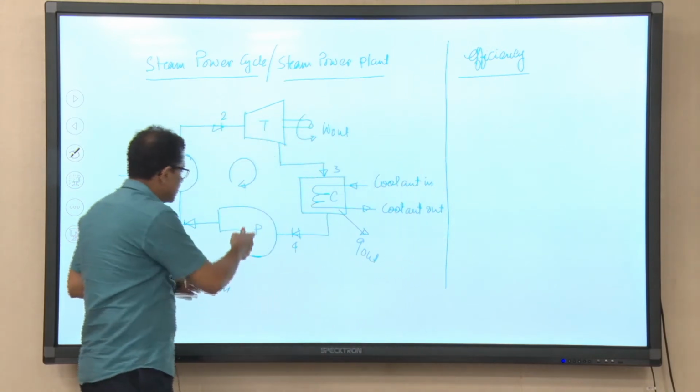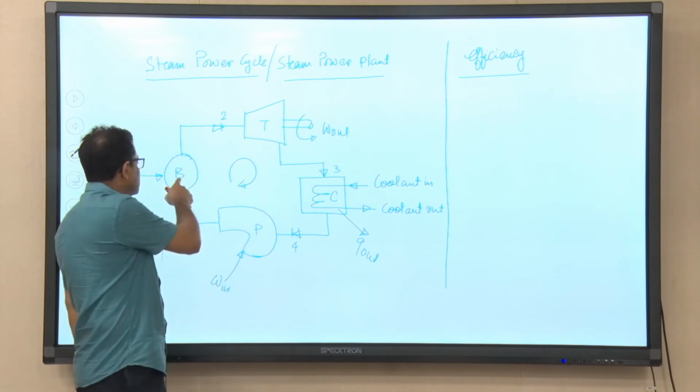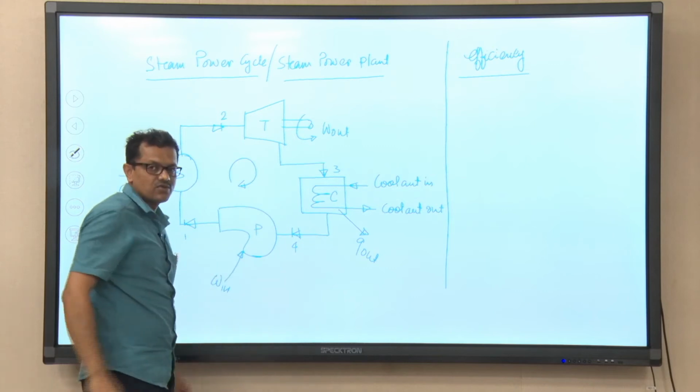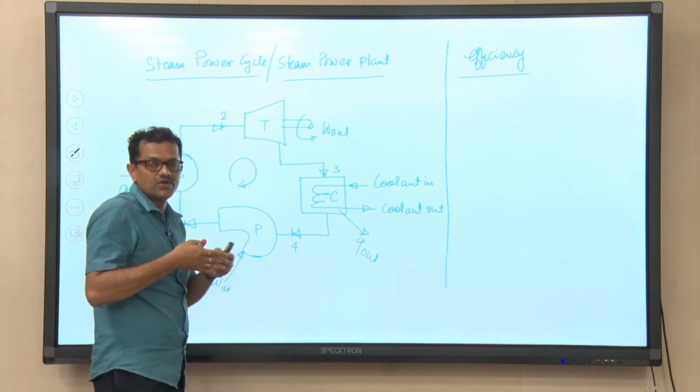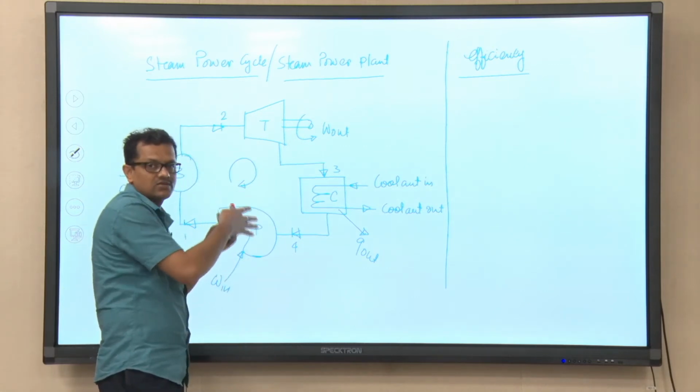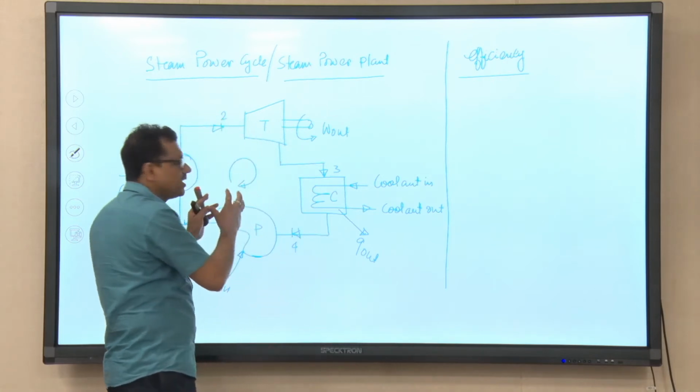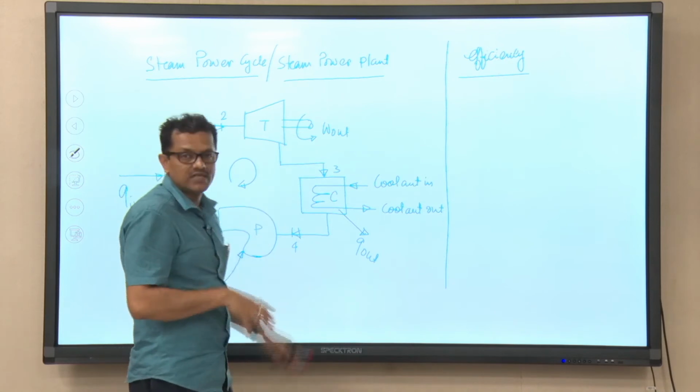What I said is that there is a pumping process, a boiling process inside the boiler, also a process inside the turbine, and finally in the condenser. So, all these processes together form the cycle, and they will be required to calculate the efficiency of the plant.